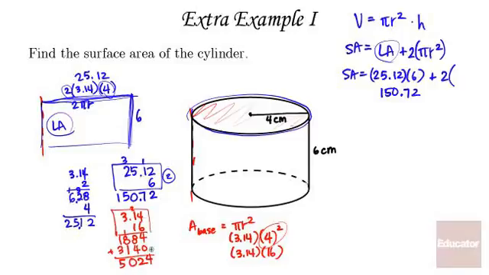I have a total of 2 spaces behind decimal points. So then I have to put that decimal point right there. So it becomes 50.24. So the area of this base right here, pi r squared, is 50.24. And so I just placed that number right here, 50.24.